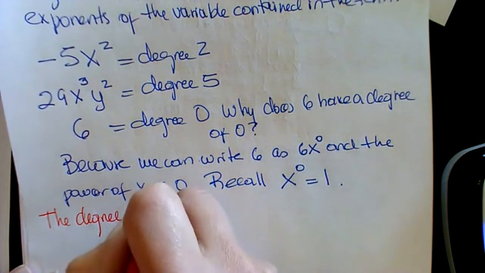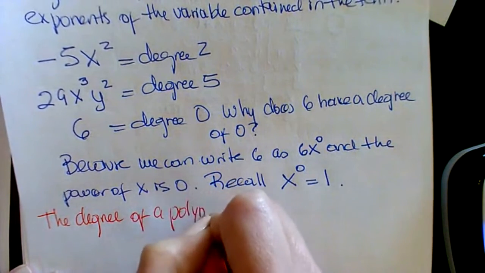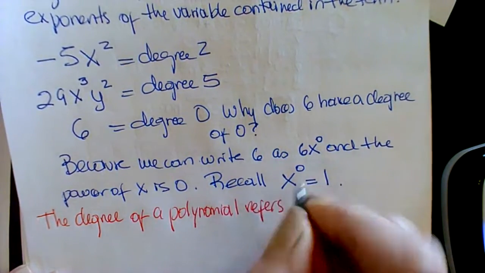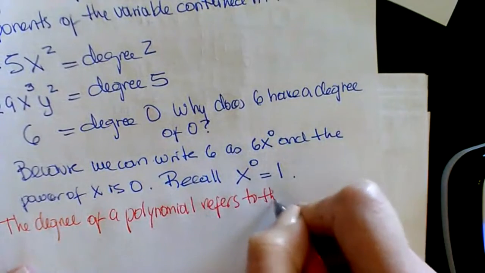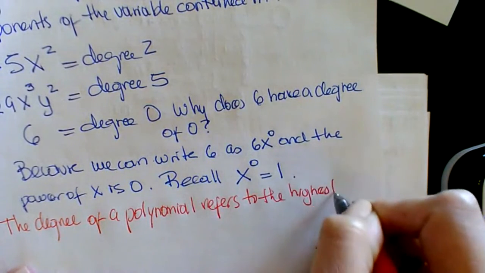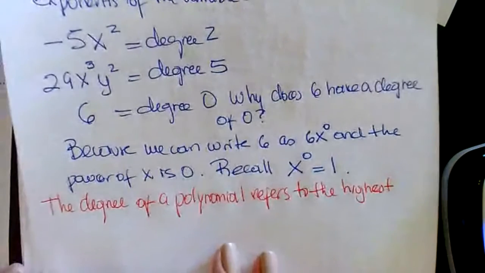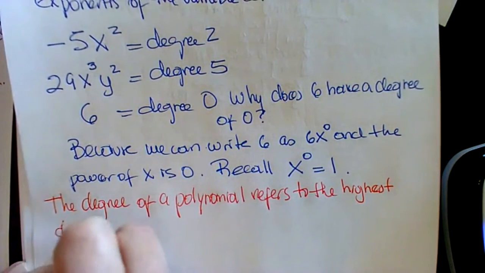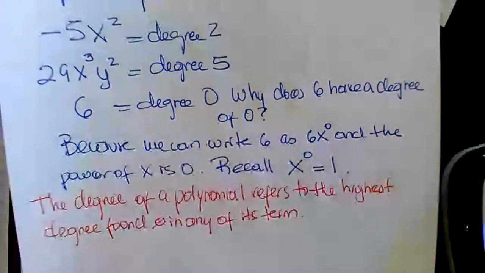The degree of a polynomial refers to the highest degree found. So degree refers to the highest degree found in any of its terms.